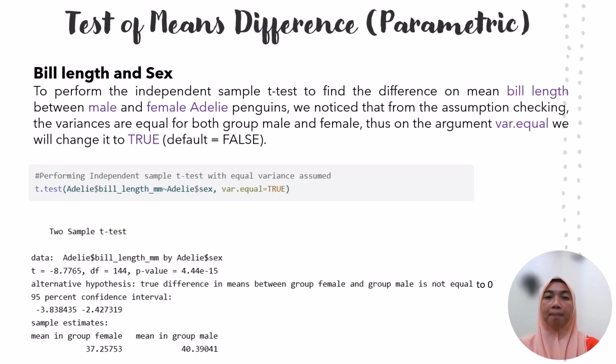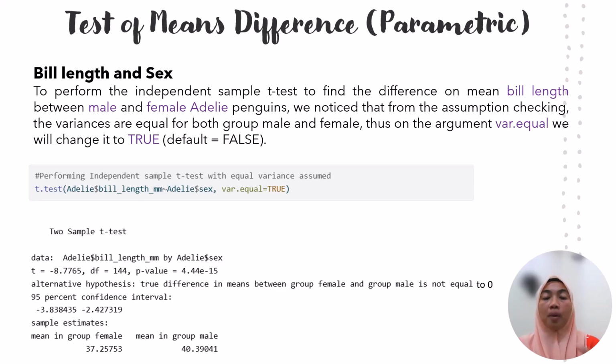Let's look at the example using bill length and sex. Using the t.test function, we want to perform the independent sample t-test to find the difference of mean bill length between male and female Adelie penguins. We noticed from the assumption checking that the variances are equal for both groups, male and female, so we change the argument var.equal to TRUE. The default is FALSE.